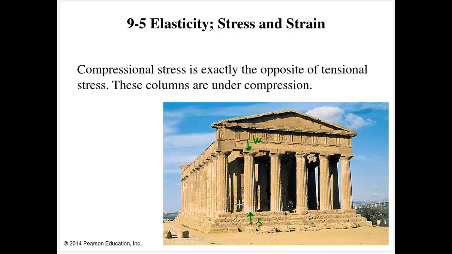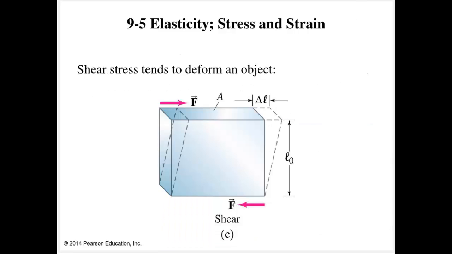These forces tend to make the column a little bit shorter. If we know the cross-sectional area and these weights right here, we could calculate how much stress is being applied to the column. And if we knew how much the column had changed length from its original state, then we could actually calculate the strain on these columns.